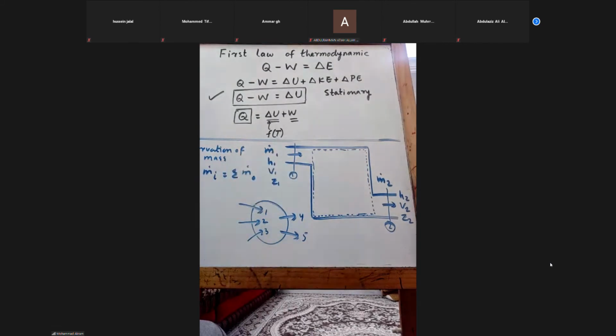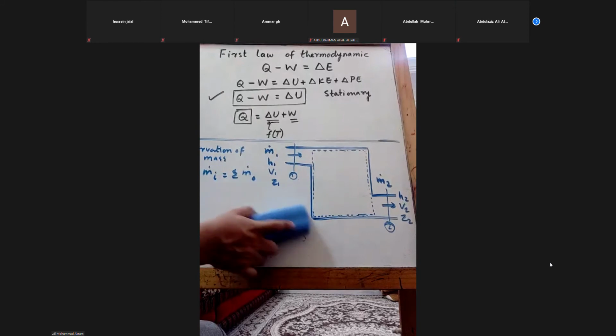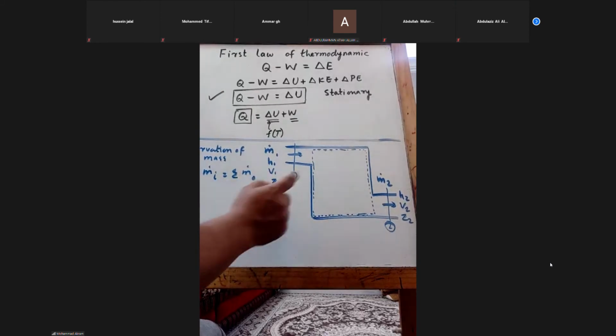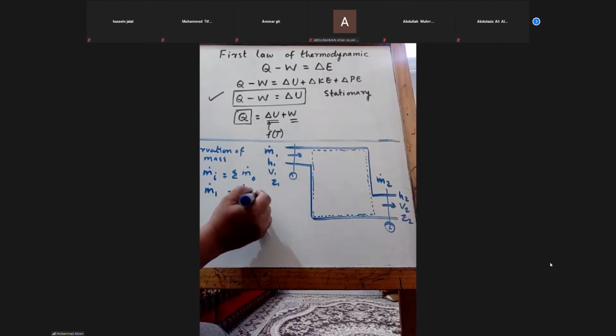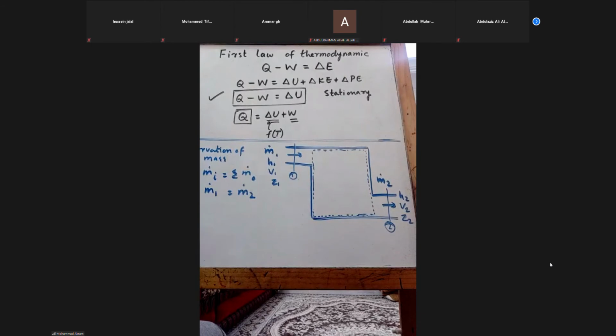But in this case, we have only one inlet and one outlet as shown here. So you can write m dot 1 equals m dot 2. What is m dot? Mass flow rate, right?